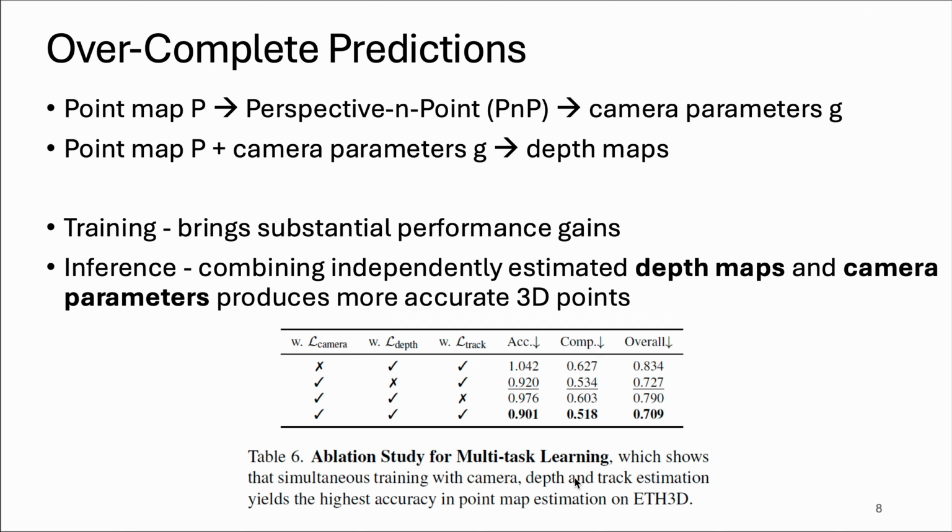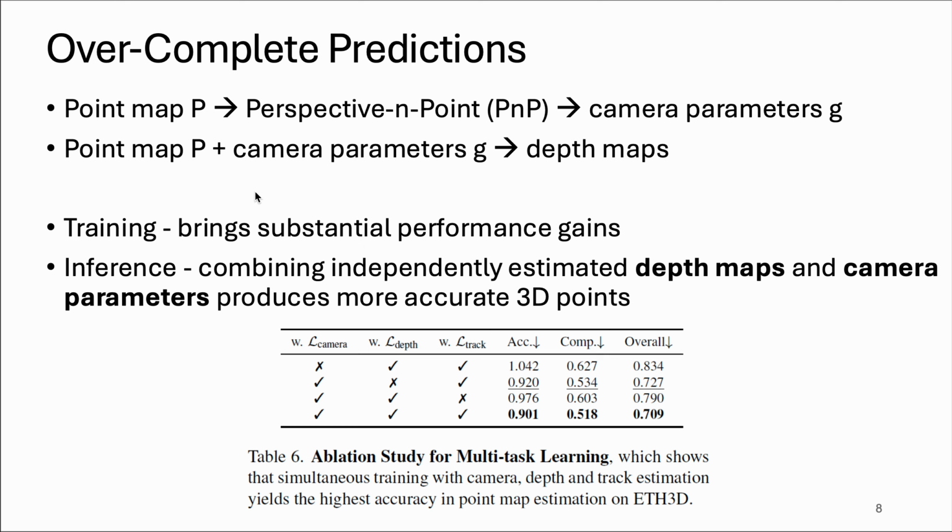By looking through this set of inputs and outputs, we notice that the author chose to use overcomplete predictions as output for this VGGT network.